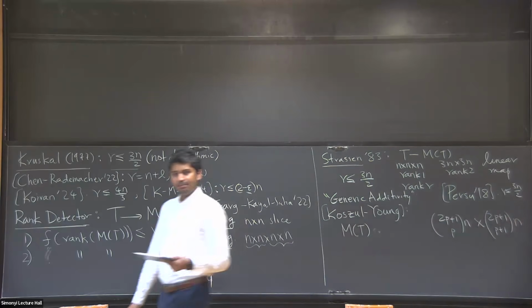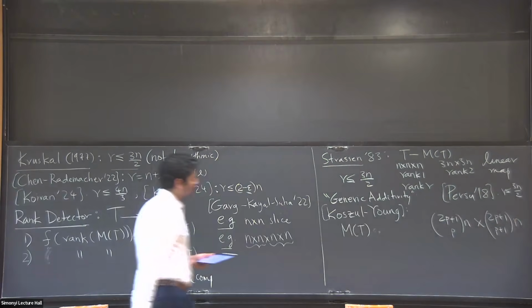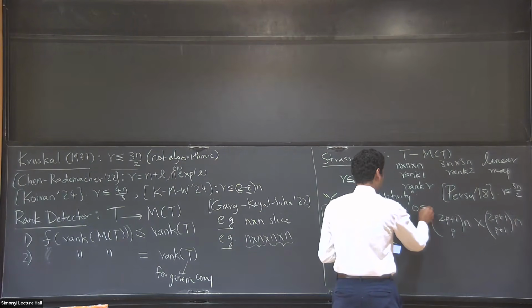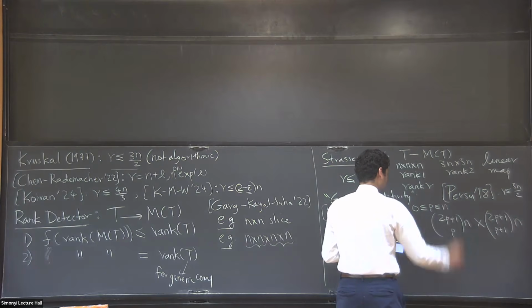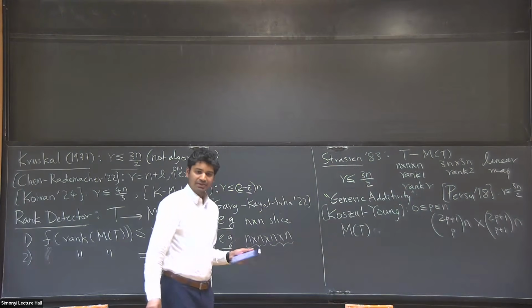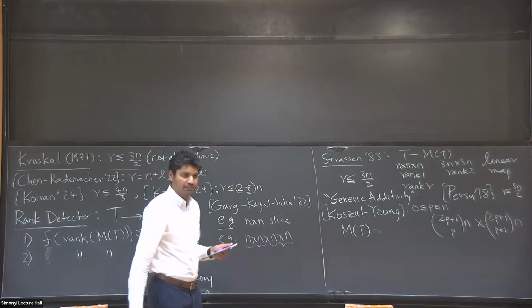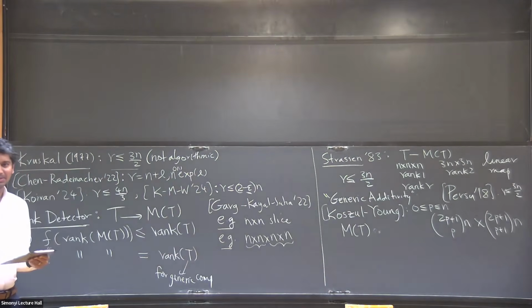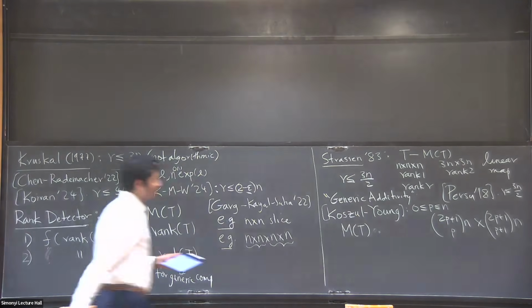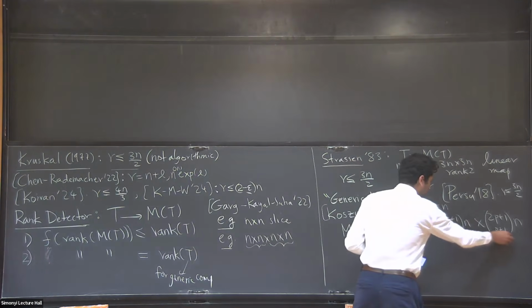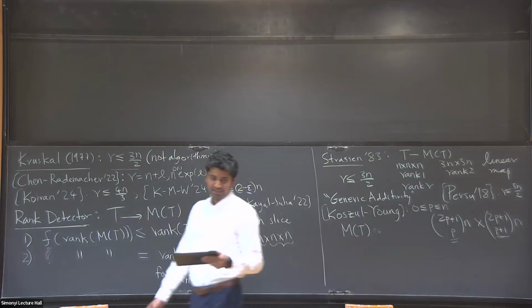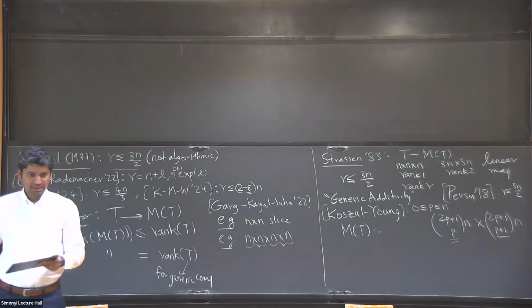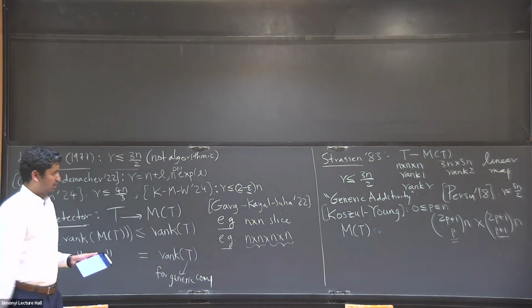So I'm going to take an n by n by n tensor, and for a parameter p, I'm going to construct a 2p plus 1 choose p times n by 2p plus 1 choose p times n matrix. So it's a square matrix. I'm writing it this way because I'm going to think of rows as p sets and columns as p plus 1 sets. And thinking of it this way also generalizes naturally to the non-square setting. But let's just focus on the square setting for now.